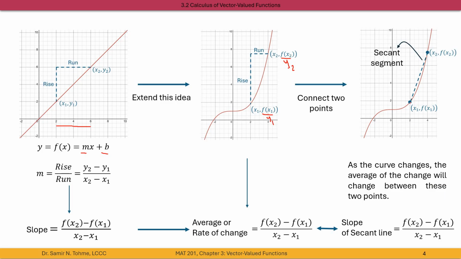Of course, if you have a function with a different form like this, and you take another point over here, and you connect these 2 points to get the secant, and you calculate the slope, the rise over the run, you will calculate a different slope, because this is a different secant segment, which gives you a different slope, which means that you will get a different average of change or rate of change between different types of functions.